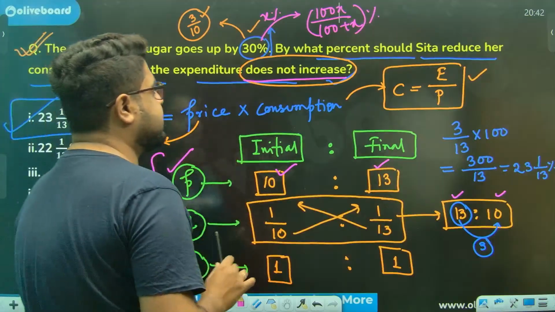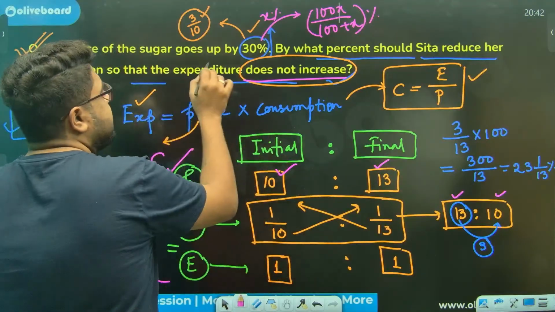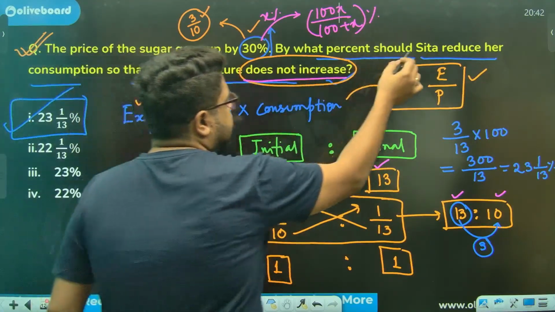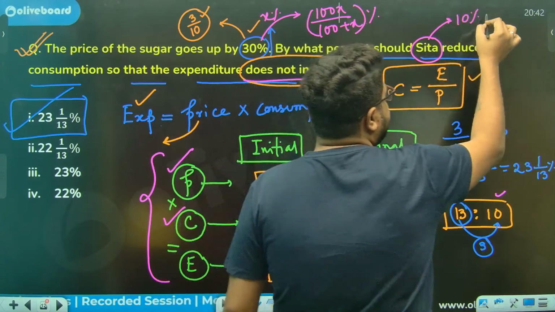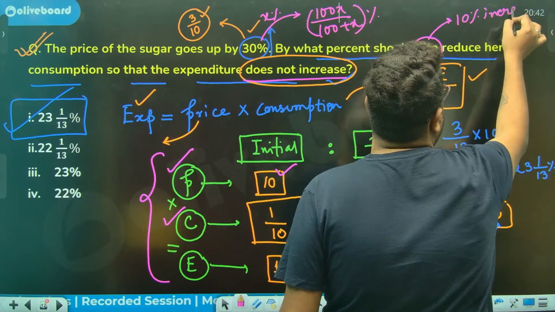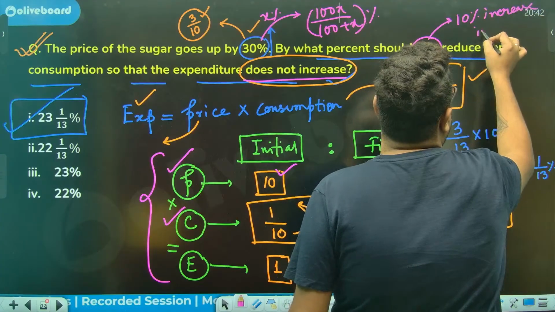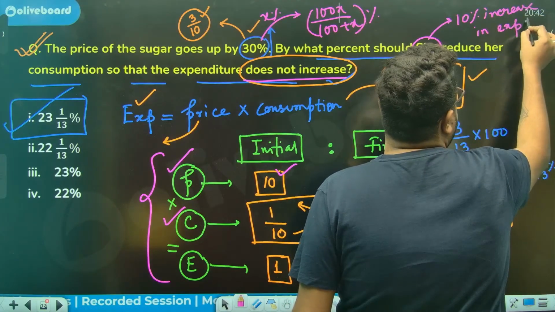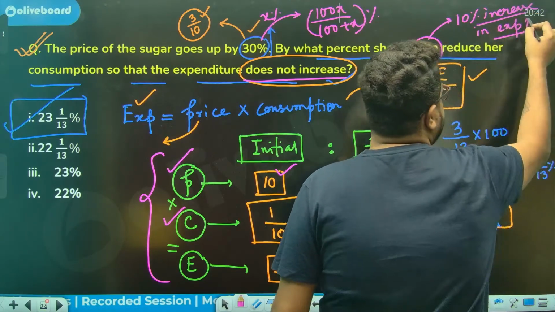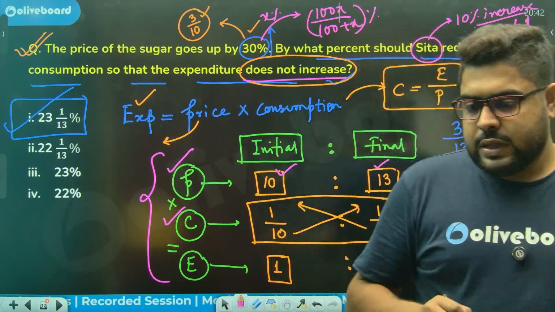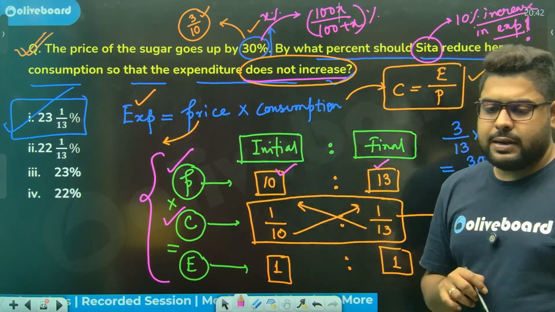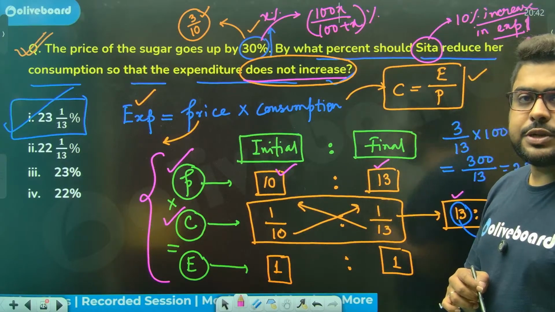Let's say, just understand. If I say here, this person, Sita, can afford a 10% increase in expenditure instead of the expenditure being constant. If she can afford a 10% increment, then tell me what will be the percentage reduction in consumption.